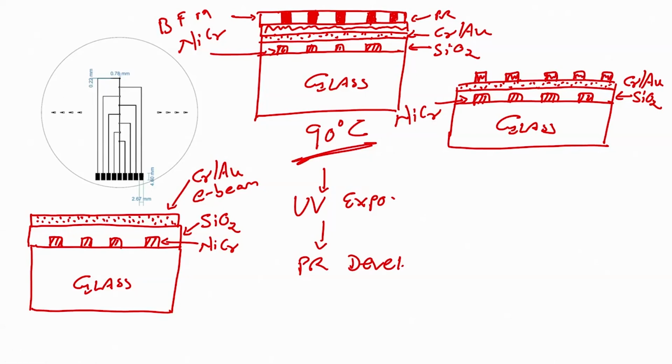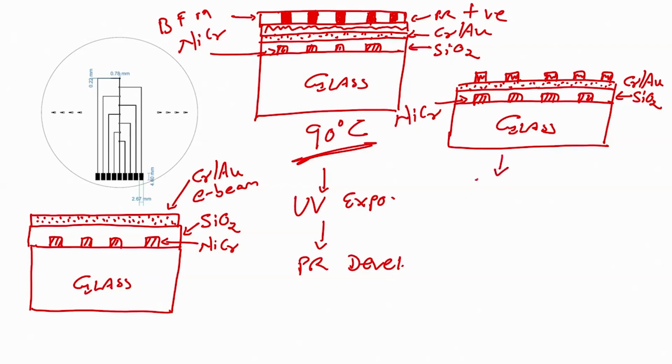Now, the areas which were exposed with UV were weaker, the areas which were not exposed got stronger, because we use positive photoresist. We use positive photoresist, right.